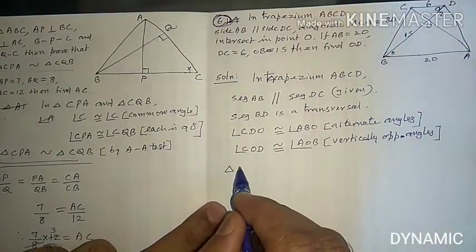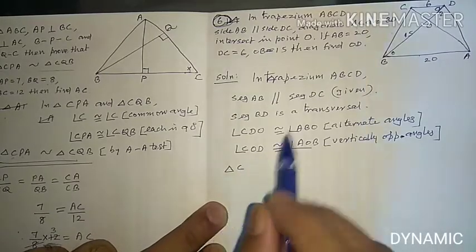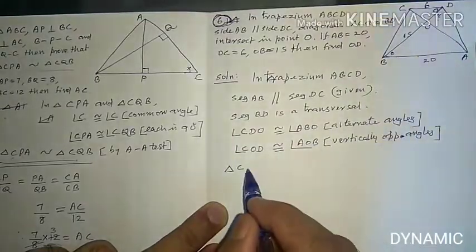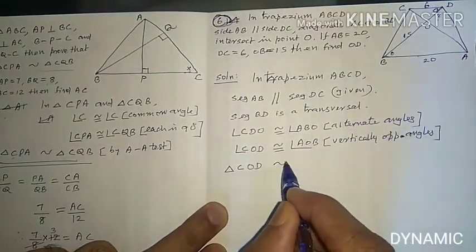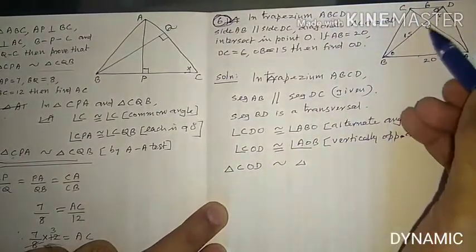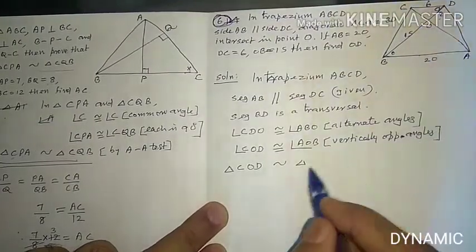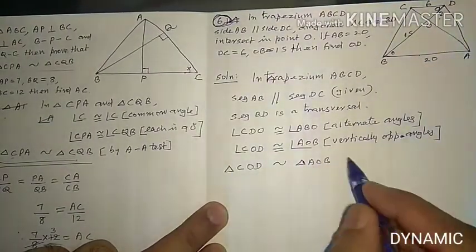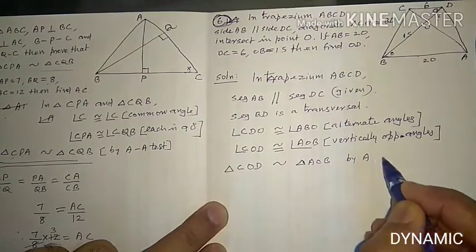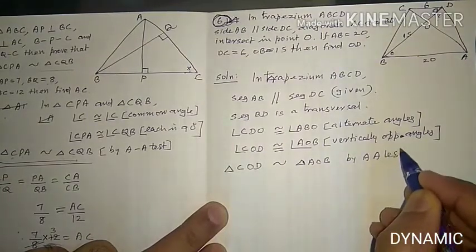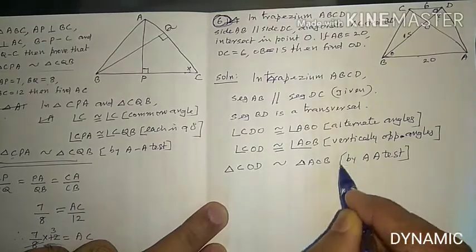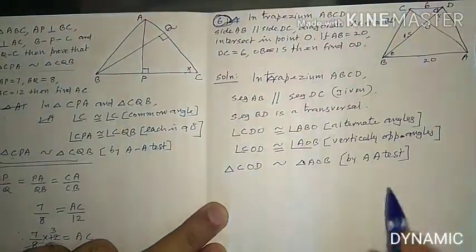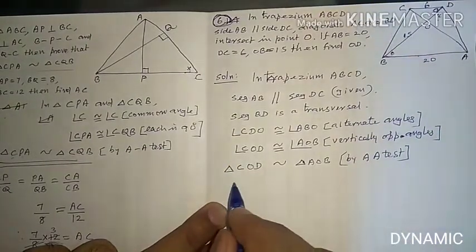Therefore, triangle COD is similar to triangle AOB by AA test. The triangles are similar by AA test.